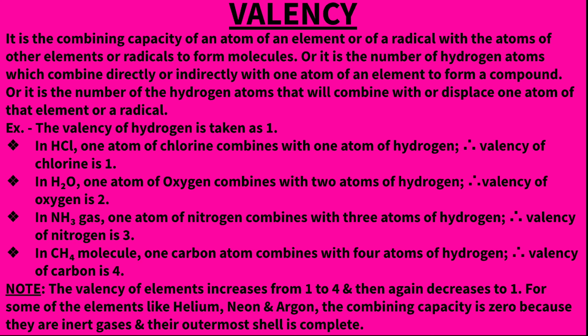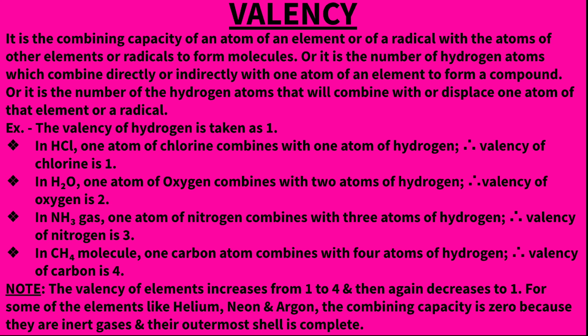Note that the valency of an element increases from 1 to 4. It increases from 1 to 4. Again, it decreases to 1. For some elements like helium, neon, argon, the combining capacity is 0. They cannot combine with other atoms because they are inert gases and their outermost shell is complete.